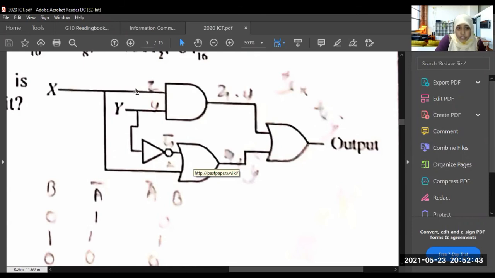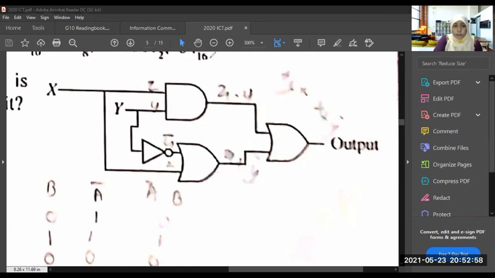Now, this input X and Y, there are two inputs going through the Boolean gates. So this is the X input, right? Carefully write it down like this. Now this is dot, this is plus, and this is plus. This one everybody knows, it is bar.